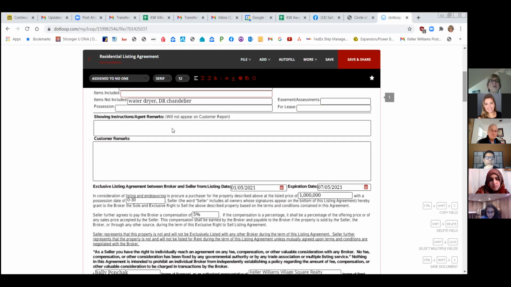Okay, then showing instructions. This is really important that you have a good discussion with your sellers so that they understand what's going to happen if someone wants to show their house. So there's various options here. There's something called showing time on the MLS, which you can sign up for. But you need to ask your sellers, how do you want this to happen?